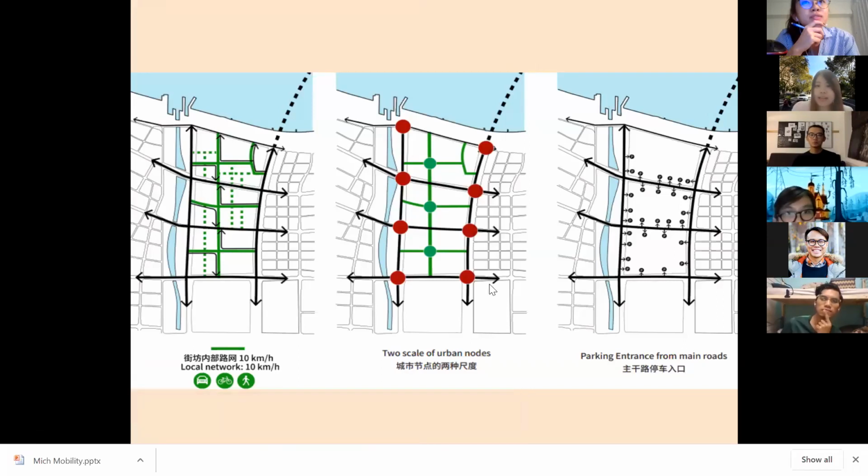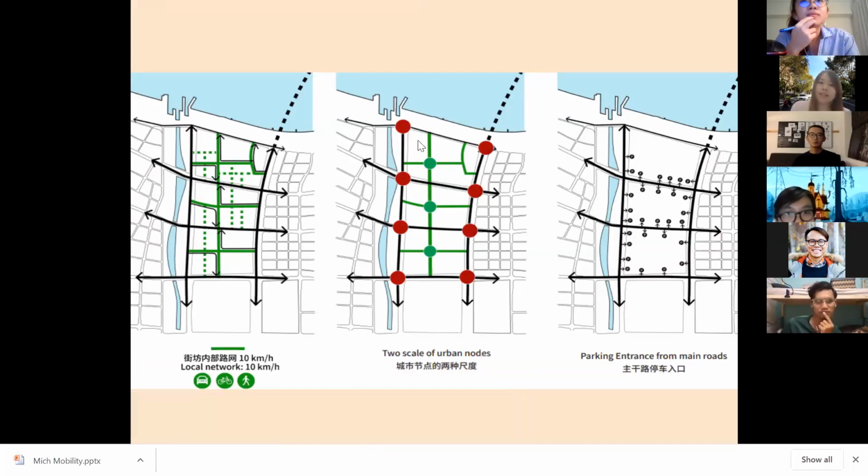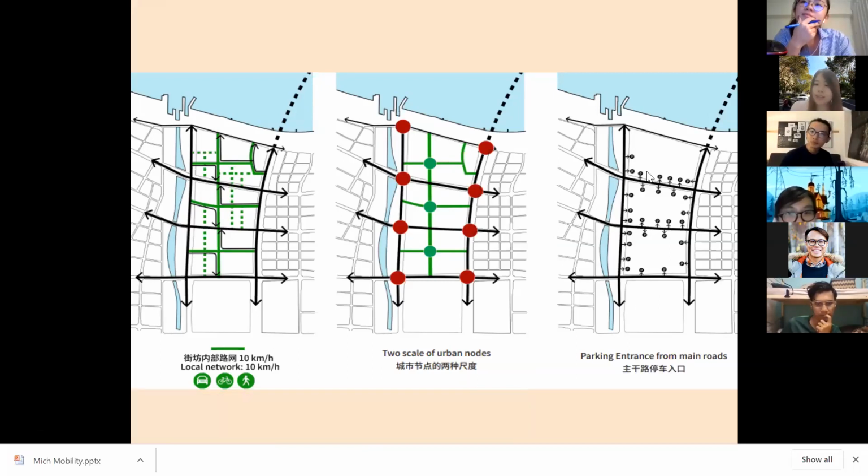The red nodes are the transit nodes, which means you can place bus stops and metro stations around these few spots, so that people could disembark here and then walk into the superblock. And these green nodes are the cultural and artsy spots. Yeah, and this is the parking entrance, like what I mentioned just now, distributed all along the perimeter.